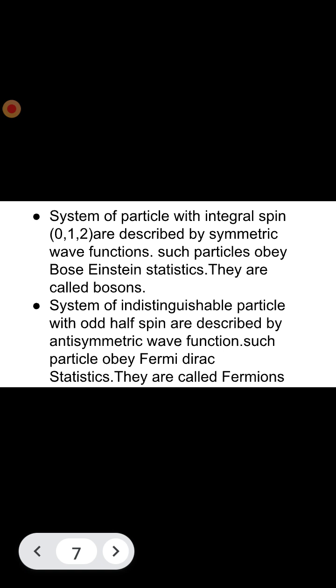Such particles obey Bose-Einstein statistics and they are called bosons. Systems of indistinguishable particles with odd half spin are described by antisymmetric wave functions, and such particles obey Fermi-Dirac statistics and they are known as fermions.